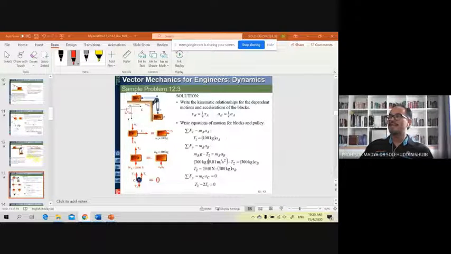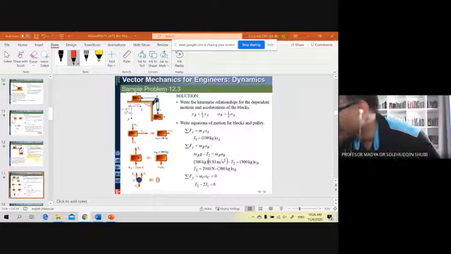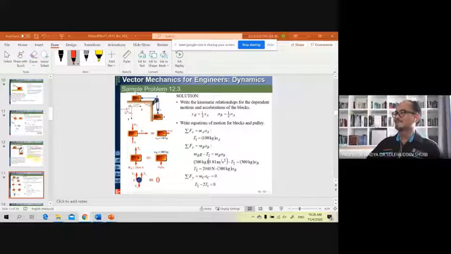I have two screens, so I look at this monitor and didn't look at the camera. Correct, because it's given in the problem. It states that it is frictionless, so that's why we don't have it. What we have here is only the tension of the pulley.